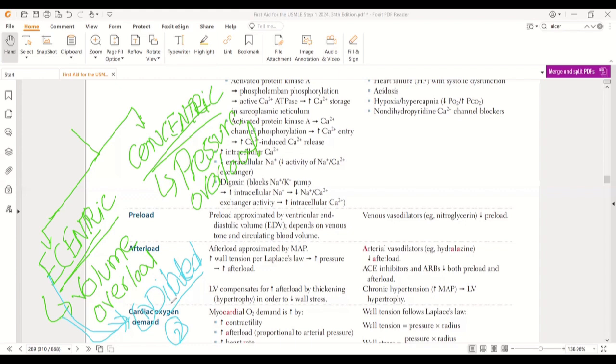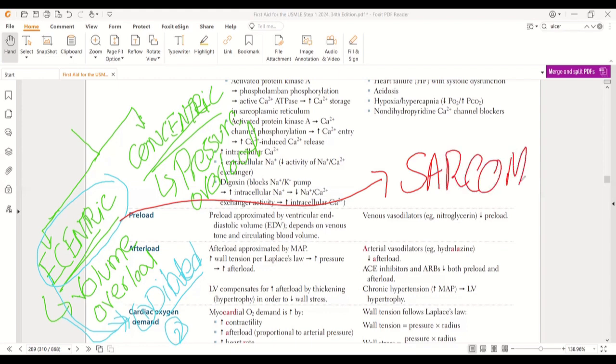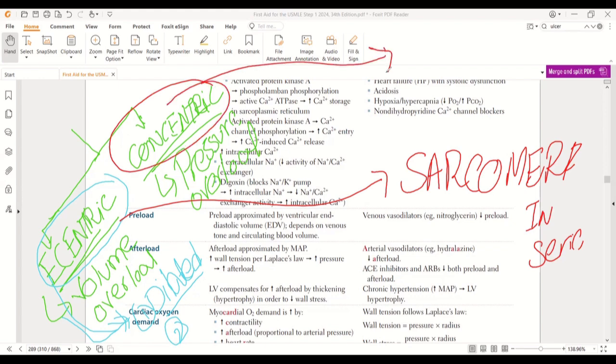What is the mechanism of eccentric hypertrophy? This is again high yield. The sarcomeres are added in series. And what is the mechanism of concentric hypertrophy? The sarcomeres are added in parallel fashion.